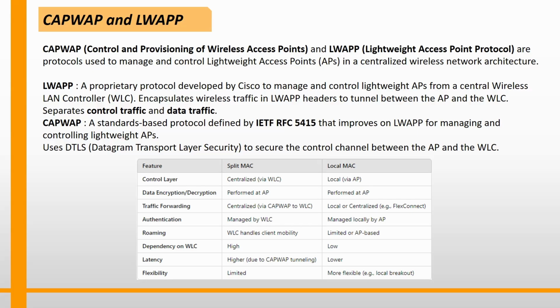We understood the different AP models, what an AP does, and the architecture, basically the wireless LAN architecture. The two main components of the WLAN architecture are the WLC and the AP. We understood the function of a WLC and the function of an AP from the previous session.